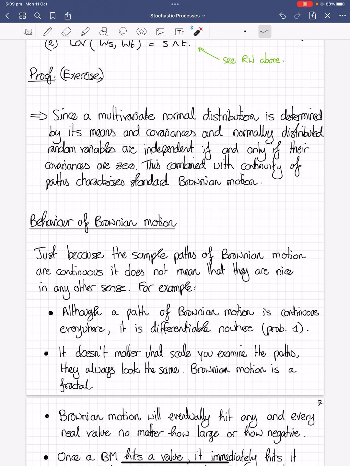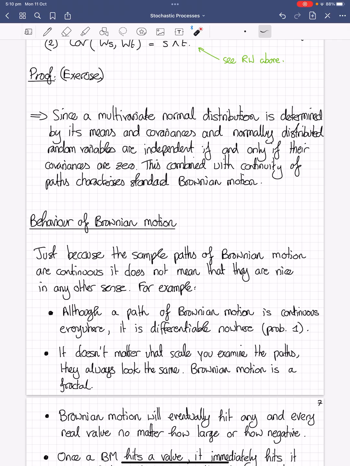But in fact, continuity is very nice, but the Brownian motion has a lot of really strange properties. For example, even though the paths are continuous, they are so rough that they're differentiable nowhere. Okay, if you've done some mathematics, you know differentiability of a function basically means that there's some kind of smoothness to the function.